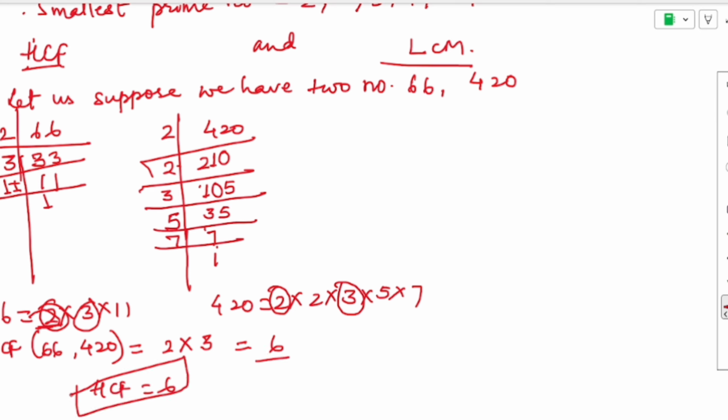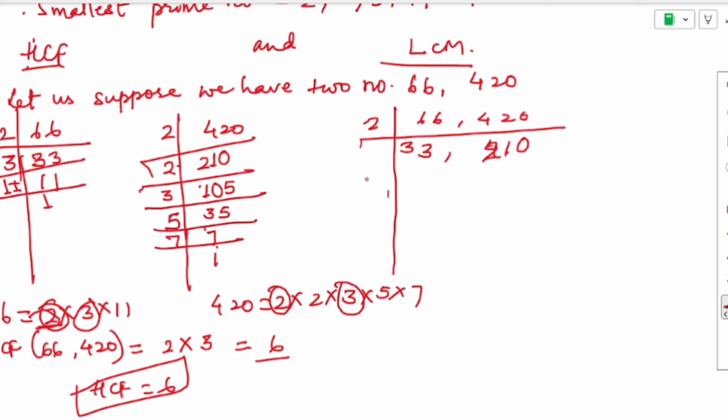In the same way, by using prime factorization we can calculate the LCM also. We can find out the LCM from these factors also, but we write 66 and 420 together to find the LCM. Both numbers are divisible by 2, so we divide these numbers. 2 2s are 4, 2 1s are 2 and 0.